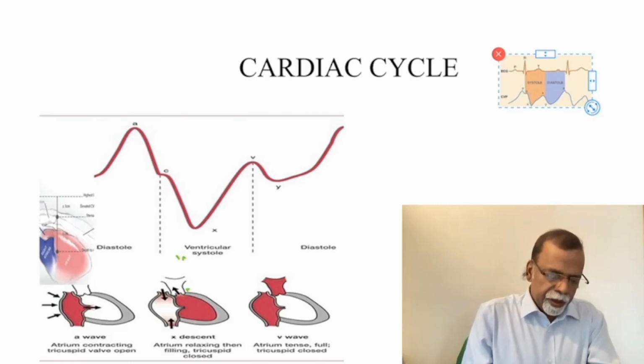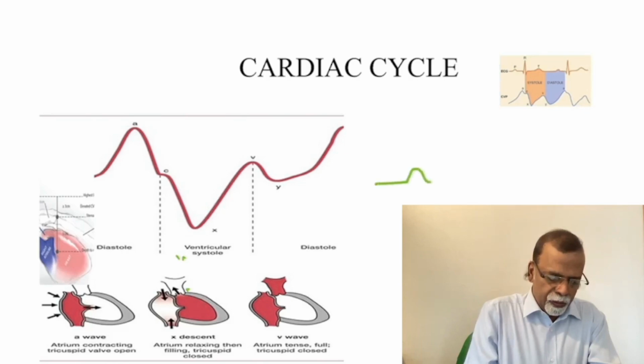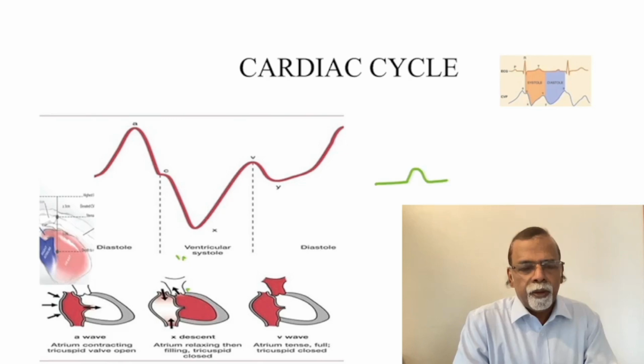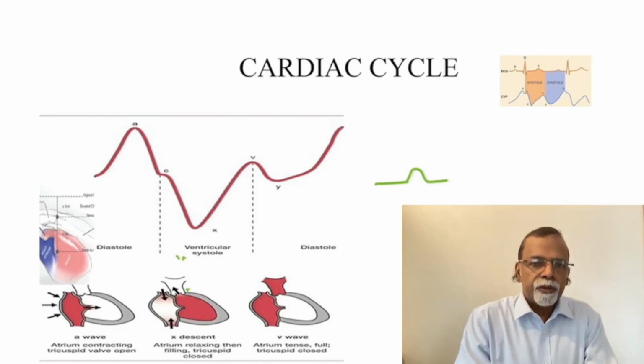The right atrium contracts once the P wave is generated, or you can say the sinus node produces impulse. It produces depolarization of the atria, and that forms the P wave. And this will lead on to contraction of the atria.